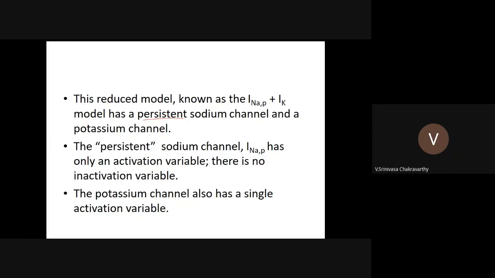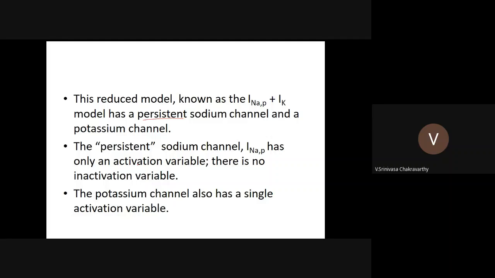The sodium channel is called persistent because it has only an activation variable. In the original Hodgkin-Huxley model, the sodium channel has two kinds of gating variables: an activation variable m and an inactivation variable h. Because of that, as you increase the membrane voltage, the sodium current increases quickly and then falls rapidly also.